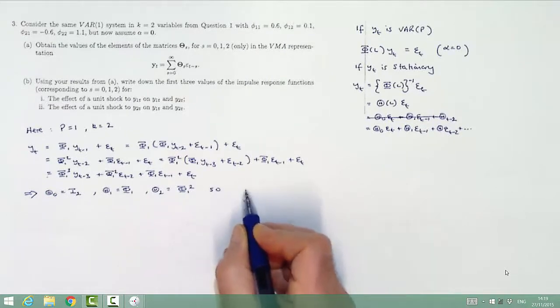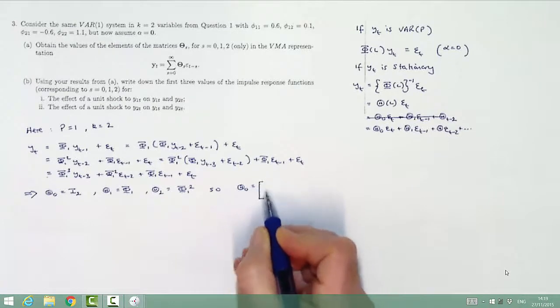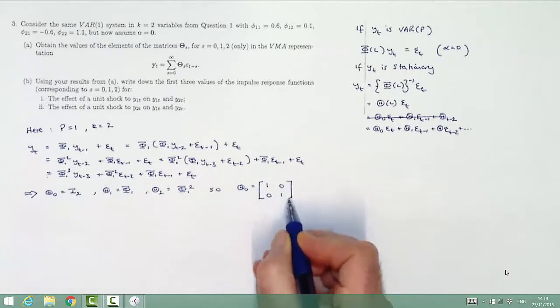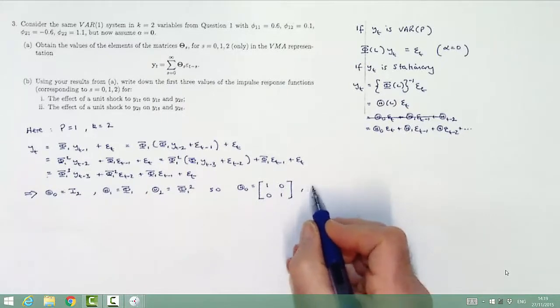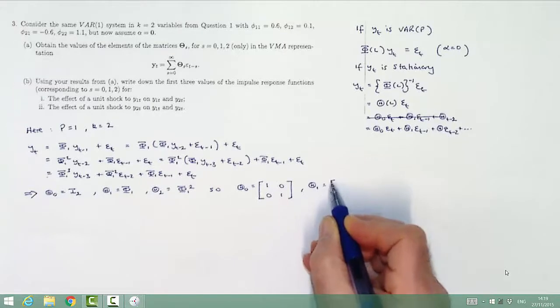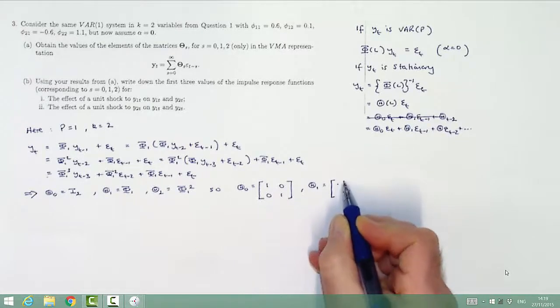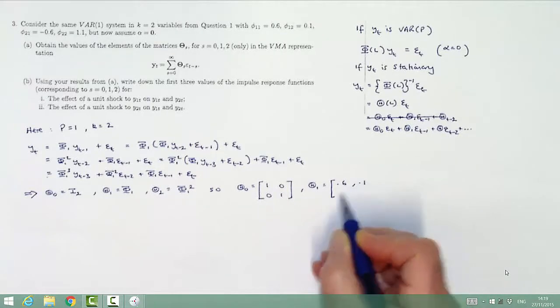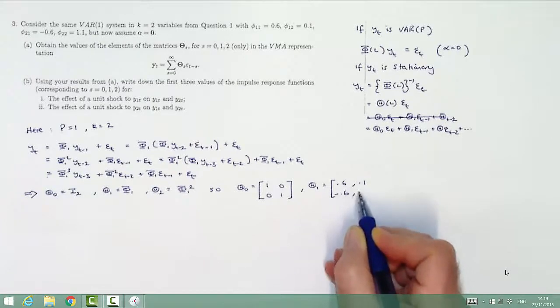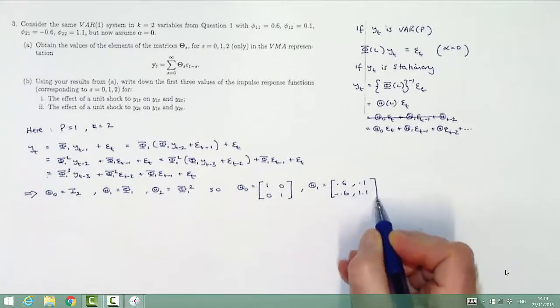So for this particular question, given the values that we have, Θ_0 is just the identity of dimension 2. For Θ_1, we plug in the values that were given in the question for Φ_1: it's 0.6, 0.1, minus 0.6 and 1.1.